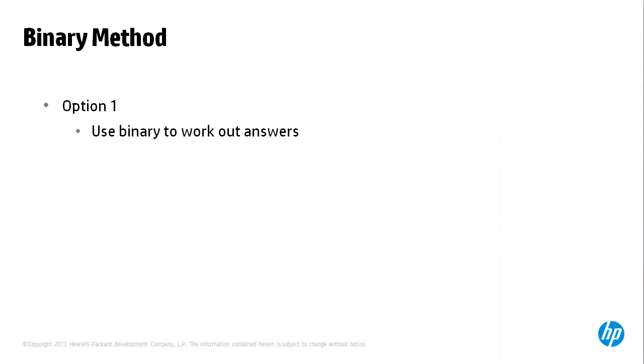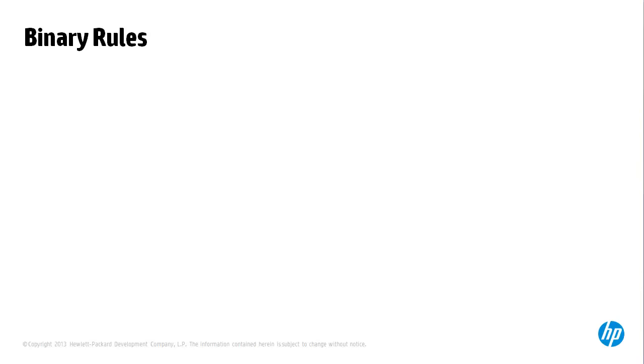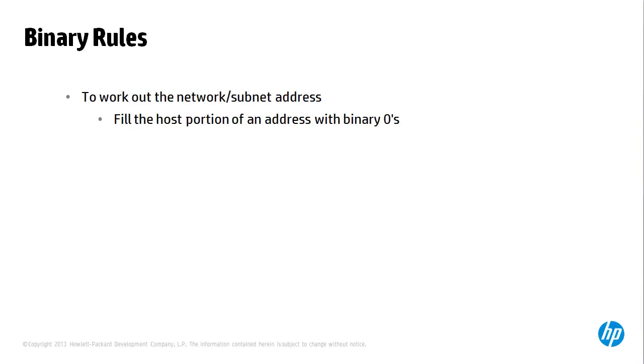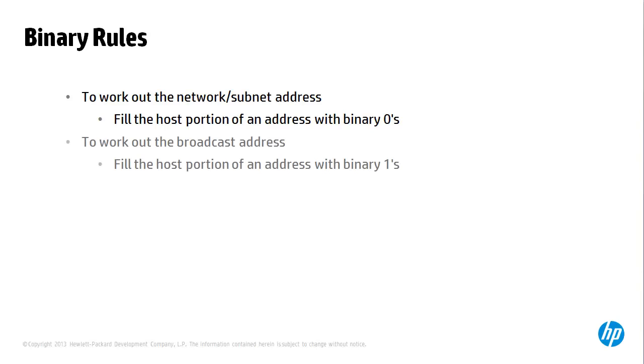Firstly, by using the binary method, and once I've shown you a few examples, I'll show you the quick method. When using the binary method, you need to remember 4 rules. To work out the network or subnet address, you fill the host portion of an address with binary zeros. To work out the broadcast address, you fill the host portion of an address with binary 1s.